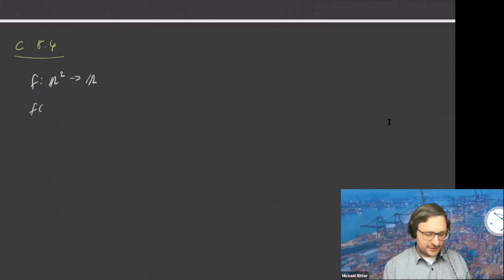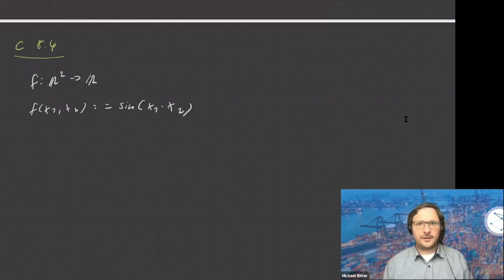And the function is defined as f of x1, x2 is simply the sine of x1 times x2. So that should be a pretty simple function. Basically, we are being asked to execute Newton's method on that function with a given starting point. To do that, we first have to compute the gradient and the Hessian of that function, and that's part A of that problem.